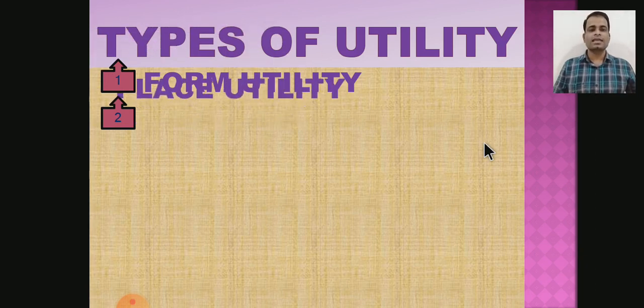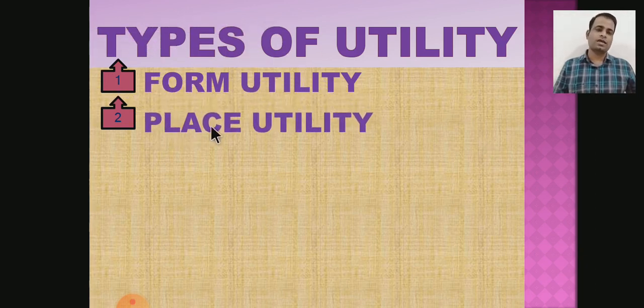Then the second type of utility is known as place utility. What is place utility? When the utility of a commodity increases due to change in place of utilization, it is called place utility.